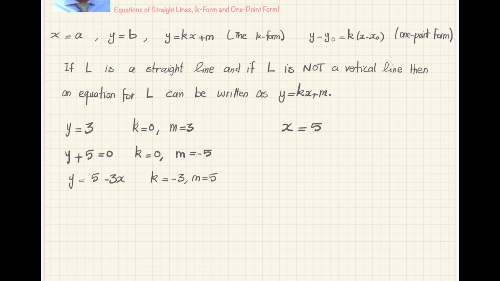So by any choice of k and m I cannot get rid of y. So this equation cannot be reduced to an equation of this form. It means that vertical lines are a different class of lines whose equations you cannot find using this formula. Now is that clear?